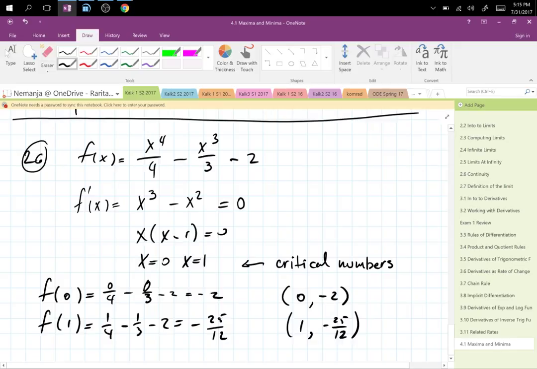Note that I don't know if these are a min, a max, or maybe that strange, whatever we're going to call it, inflection point. So what are these? I know they're critical points, but they are something, right?